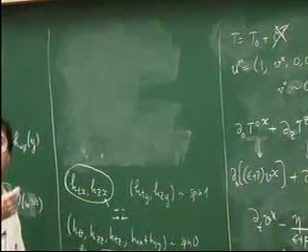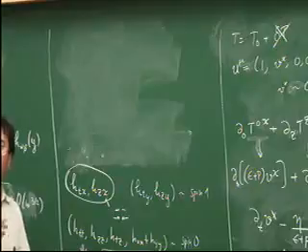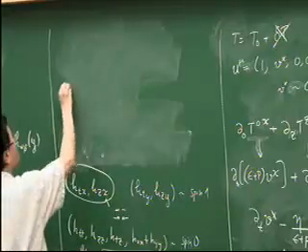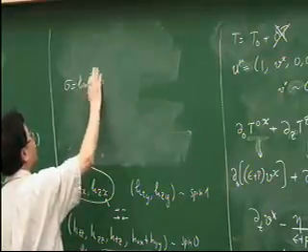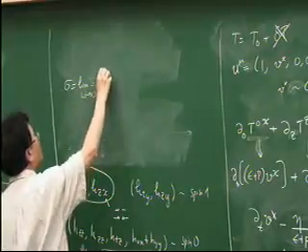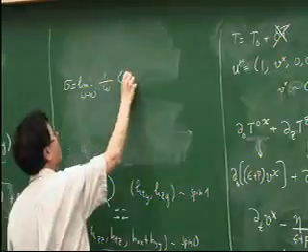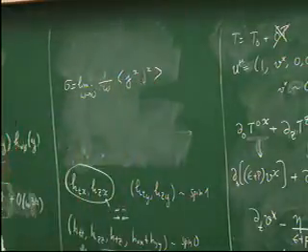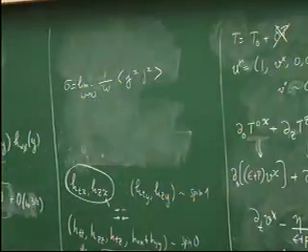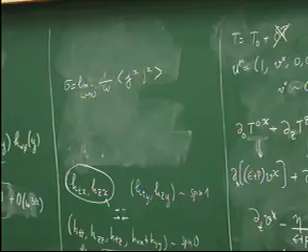If you turn on a background gauge field and measure the current, the conductivity will also be the limit omega goes to 0 of 1 over omega times the correlator of two arbitrarily chosen components of the current. So you can also write down a Kubo formula for the current. In a similar way, turn on an electric field and see how the system responds.